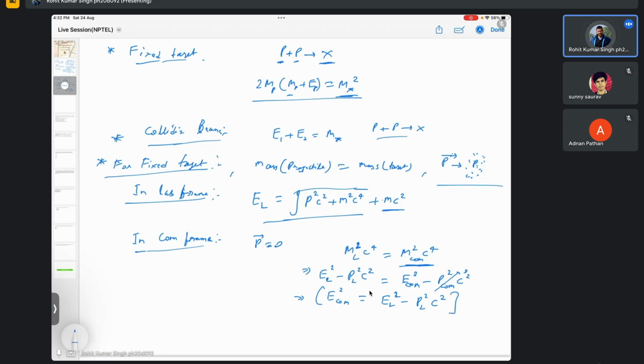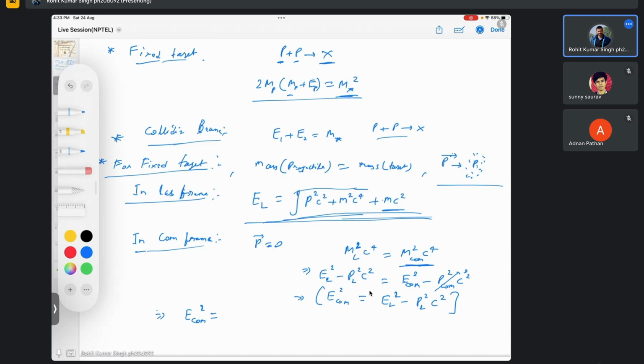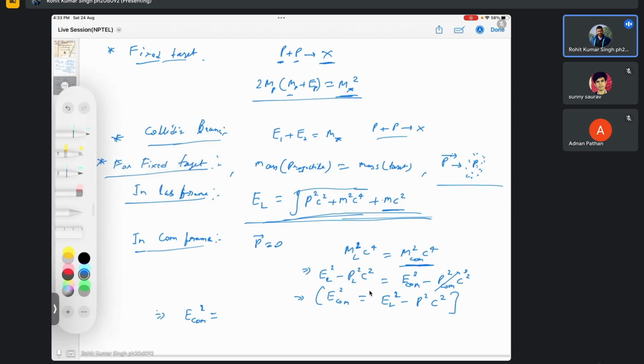Okay, and you know the energy in the lab frame, which is this, right? So let's just put it here. You can see if you square it, you will get a p square c square term. This momentum PL is just p, right? It is the momentum of the proton, so just remove it. So this p square c square will cancel this one, right?